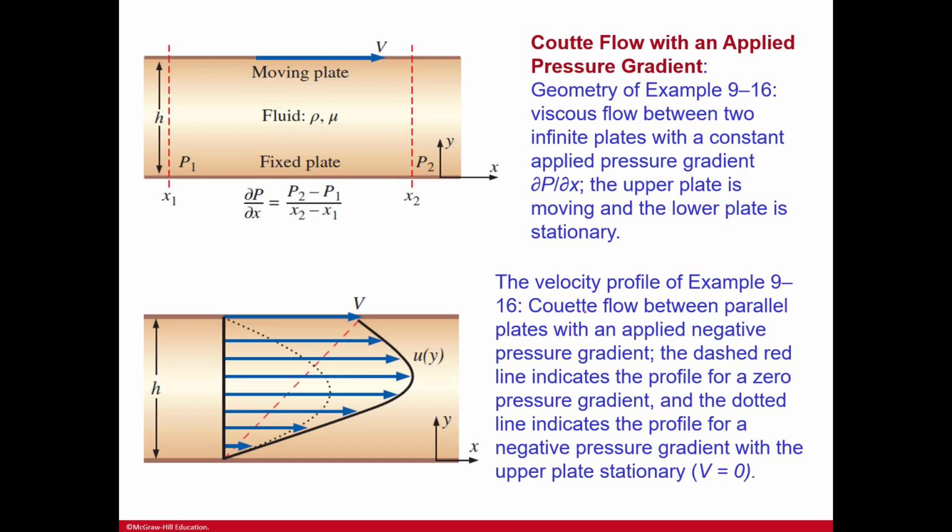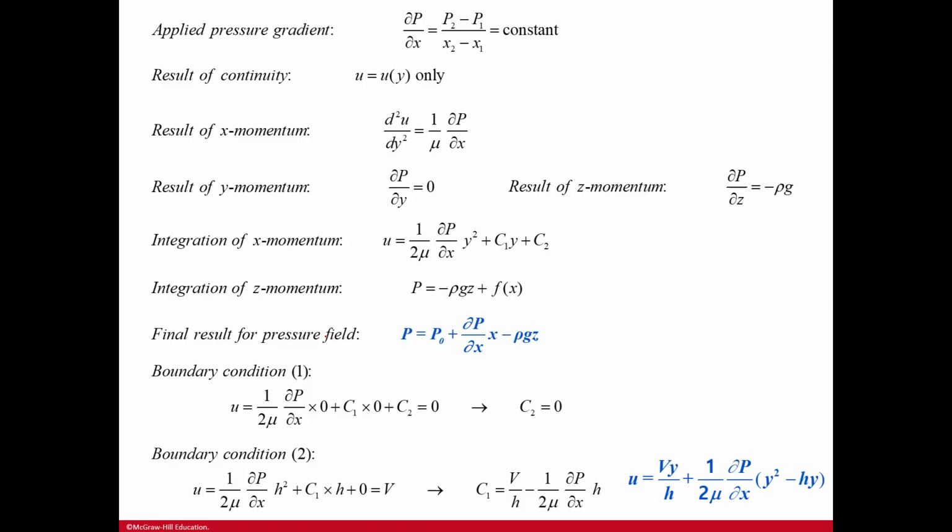The dashed red line indicates the profile for a zero pressure gradient. So that'll show you for a zero pressure gradient. The dotted line indicates the profile for a negative pressure gradient with the upper plate stationary. So these are showing you the three different dynamics of how it would look.